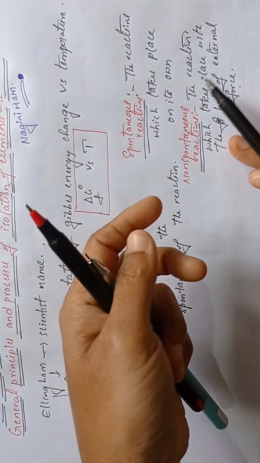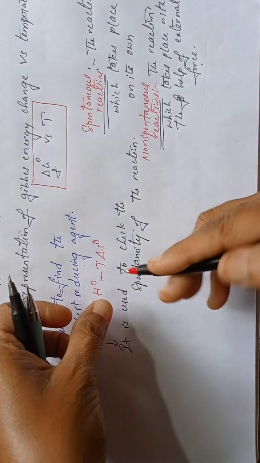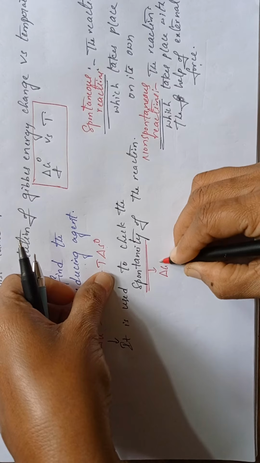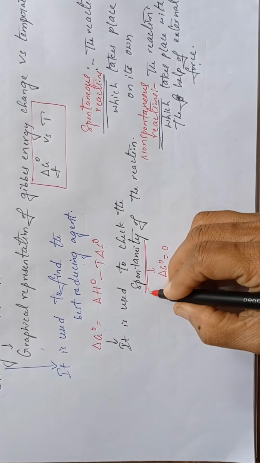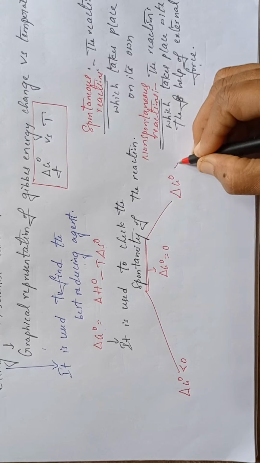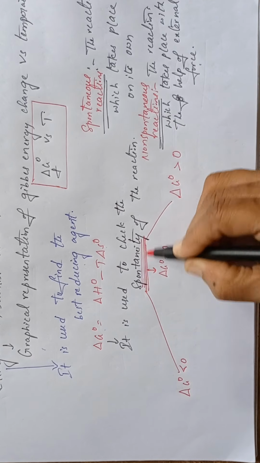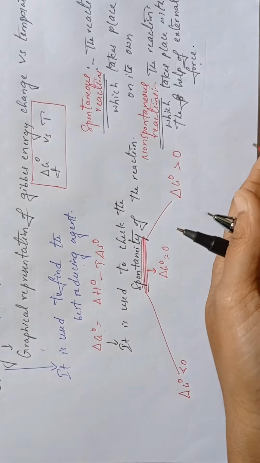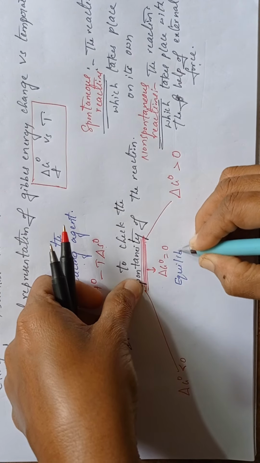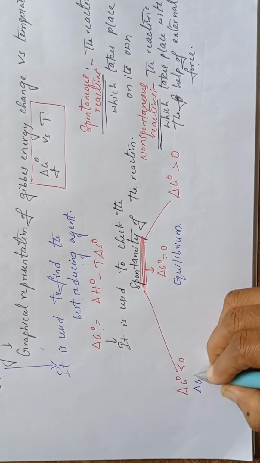I'm taking delta G naught in three ways: equal to 0, less than 0, and greater than 0. If delta G naught is equal to 0, the reaction is at equilibrium. Understanding?